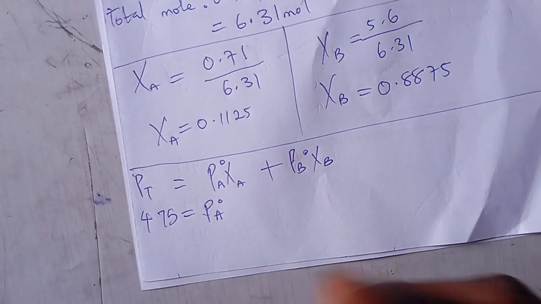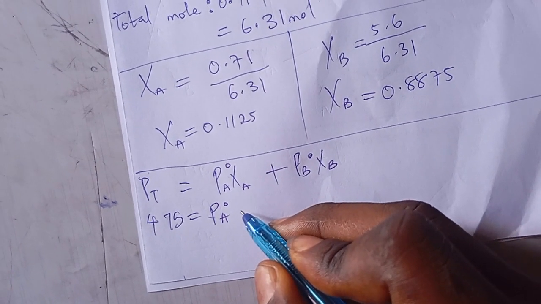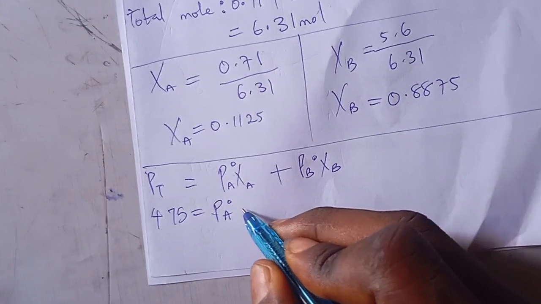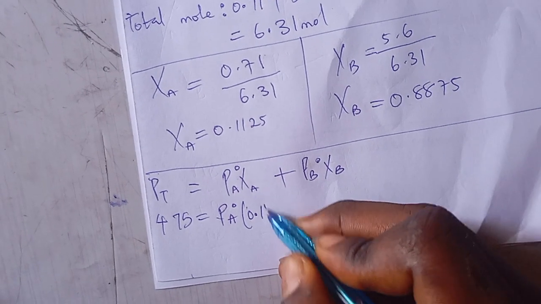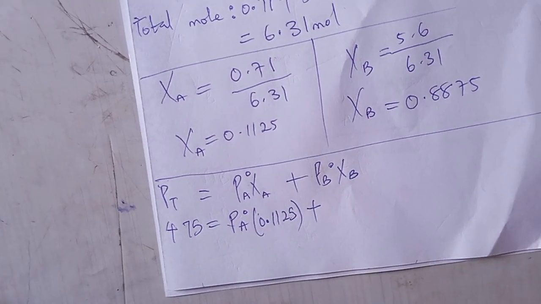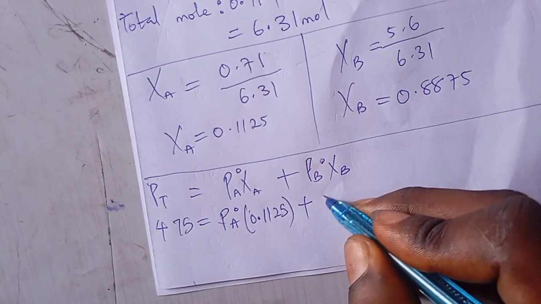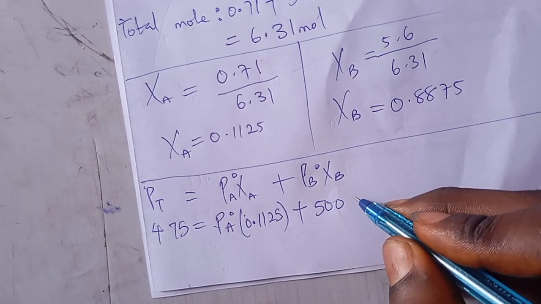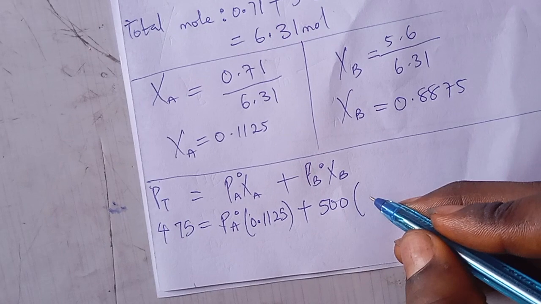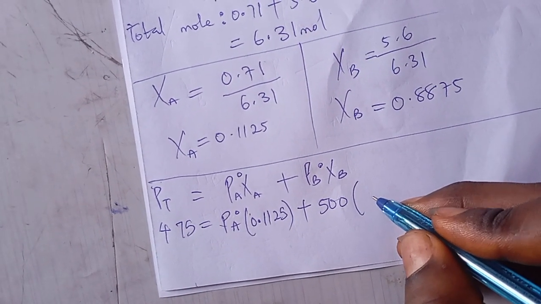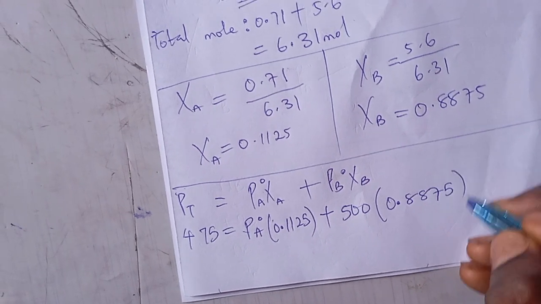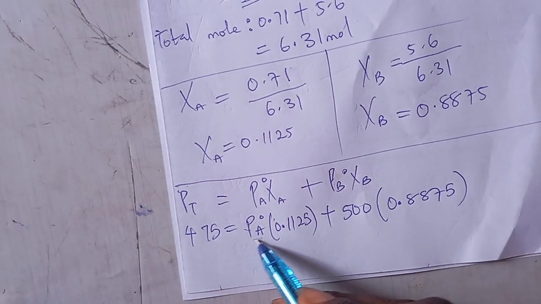XA, the mole fraction of A, I've gotten it to be 0.1125. Then plus the PB naught, which is 500 torr. XB, the mole fraction of B, is 0.8875. So the only thing remaining here is PA naught.